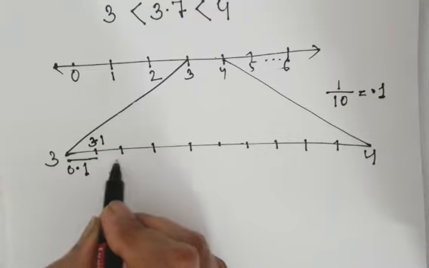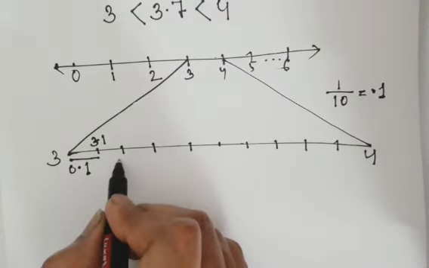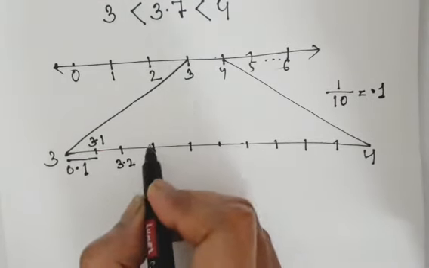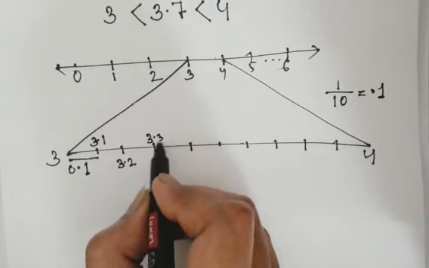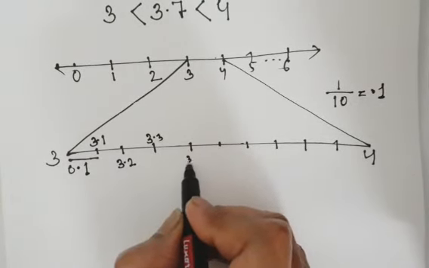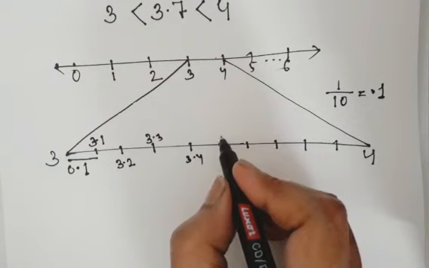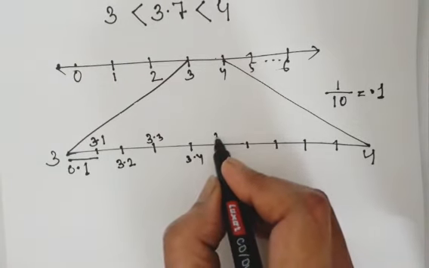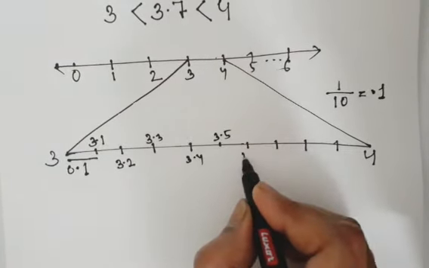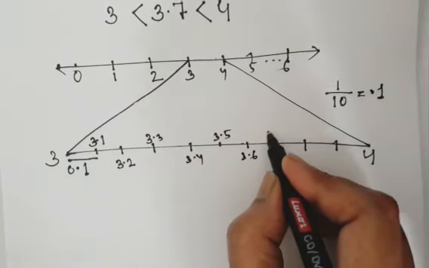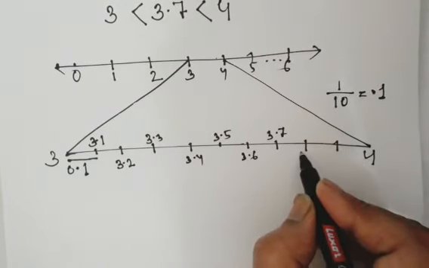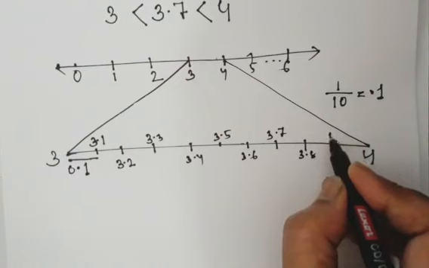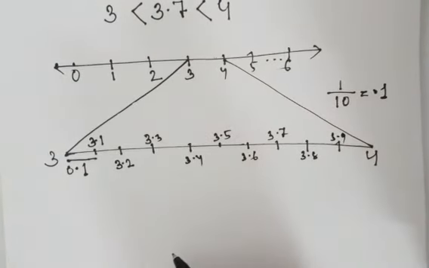Again by adding 0.1, this point represents 3.2. Similarly 3.3, 3.4, 3.5, 3.6, 3.7, 3.8, 3.9.